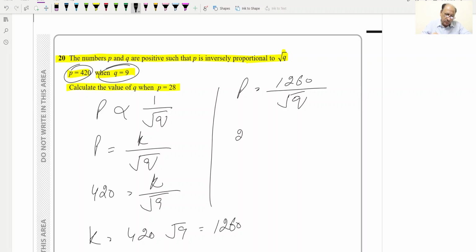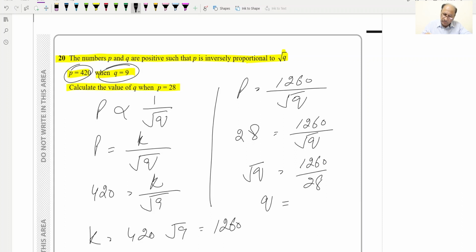So P is equal to 28, and 1260 over root of Q. Now we can write root of Q is equal to 1260 divided by 28, and we can take the square of this to get rid of the root.